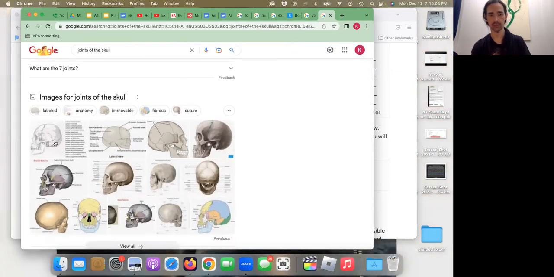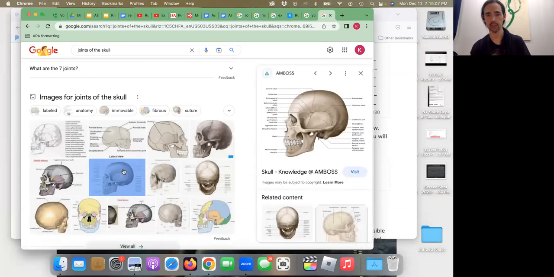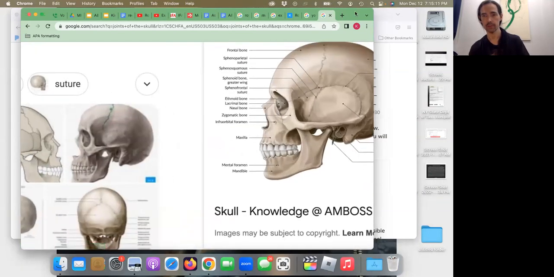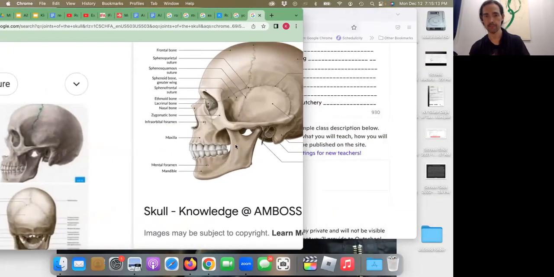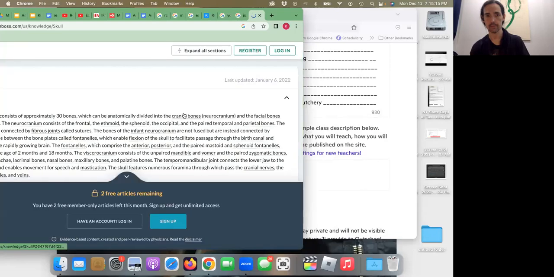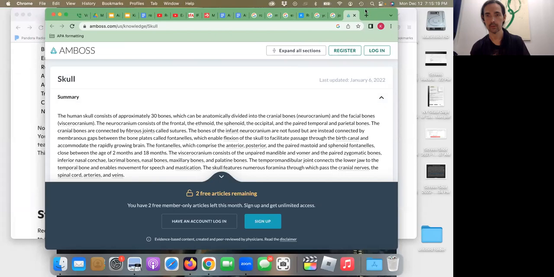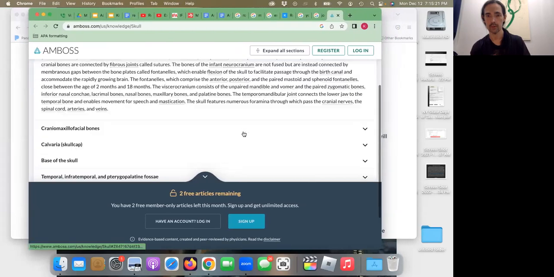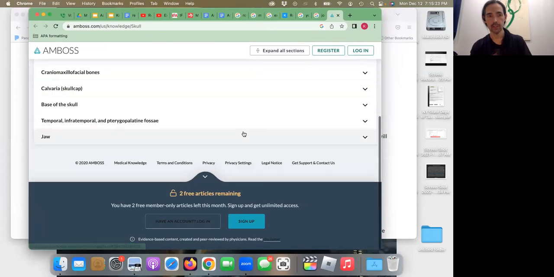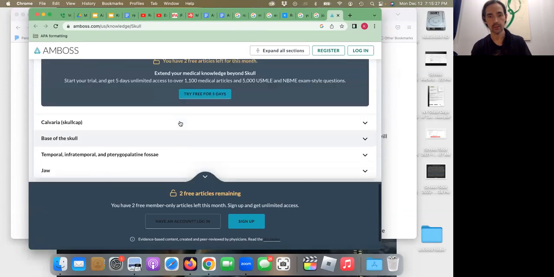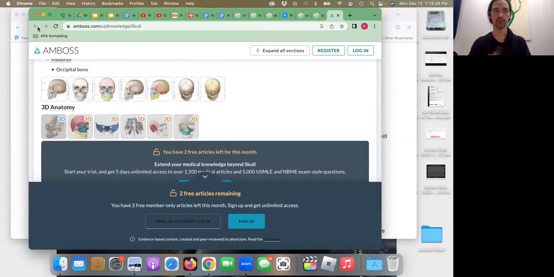Wow, man, look at all these joints. Let's look for a simplified version. Amboss. Oh, they're gonna make me scroll through all this stuff.